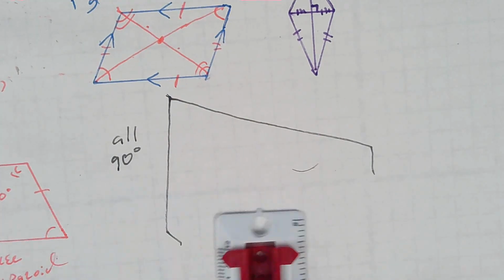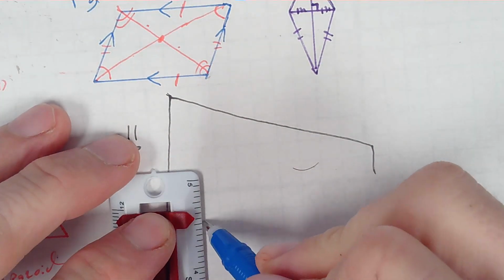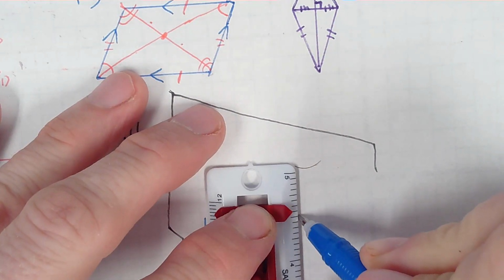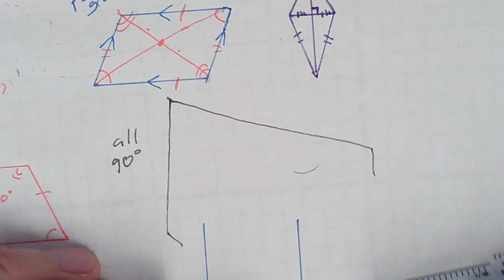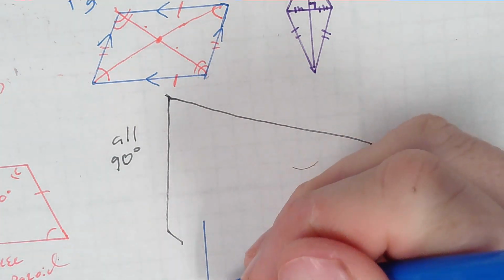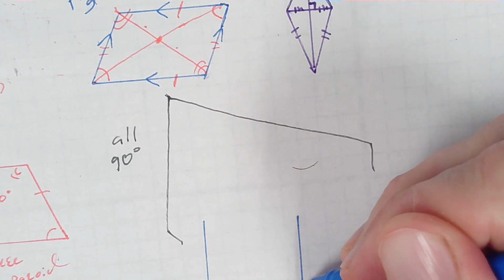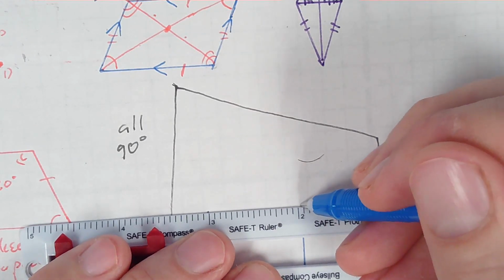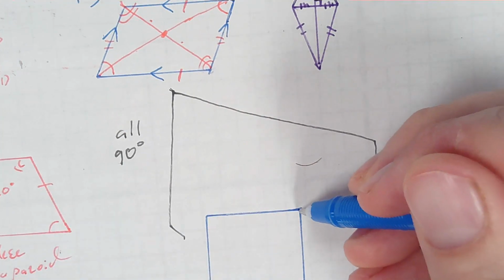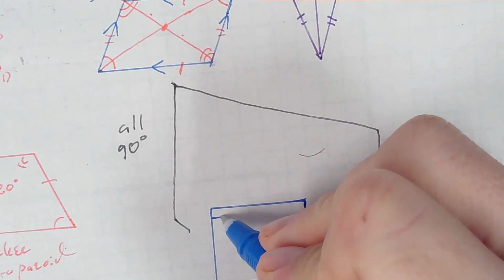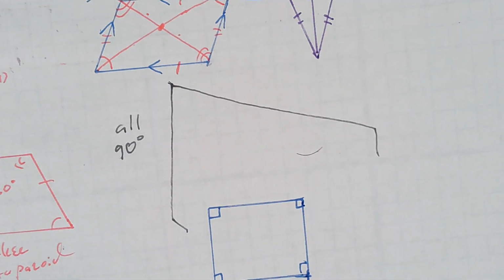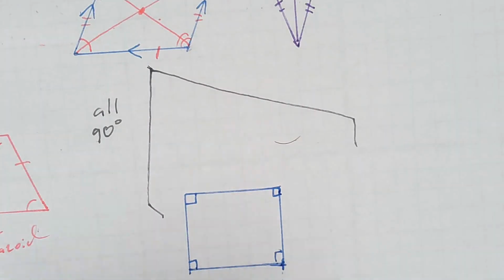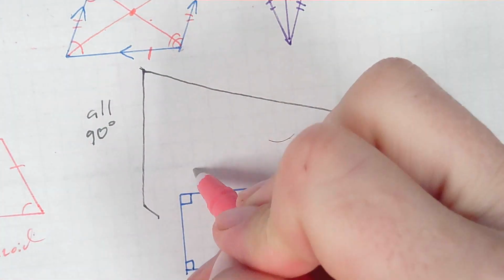Now you have yourself a rectangle. All the angle measures are equal. This is a rectangle.